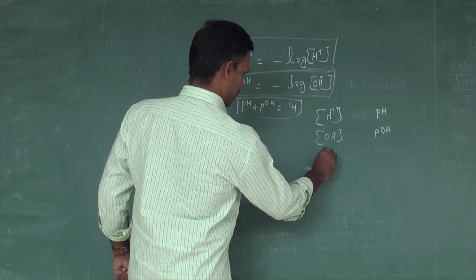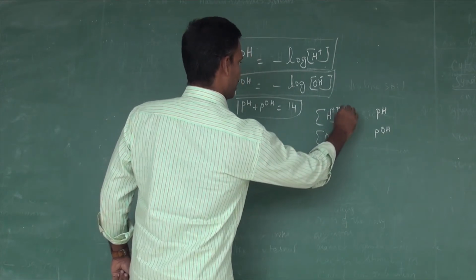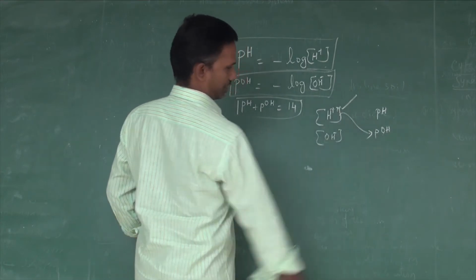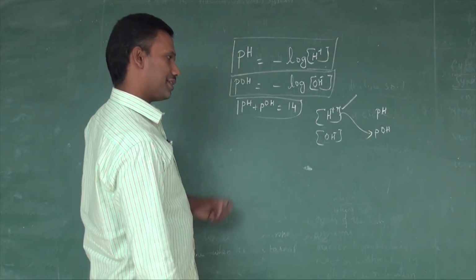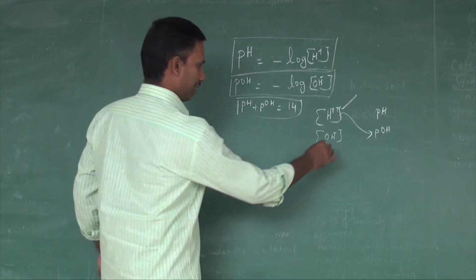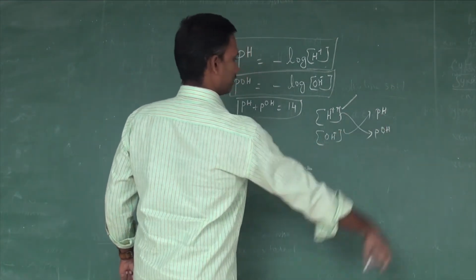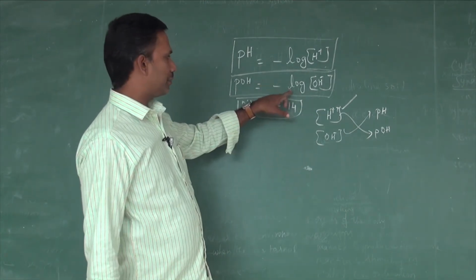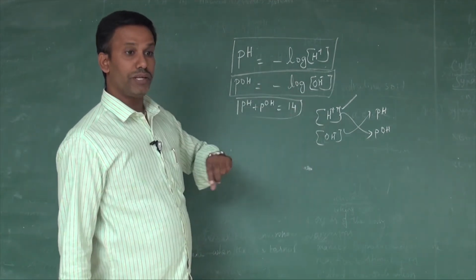Then sometimes, in order to confuse you, they will give an H plus ion concentration, and they may ask pOH. Sometimes they will give an OH minus ion concentration, and they may ask pH. If you apply the formula to the OH minus ion concentration, you get pOH.